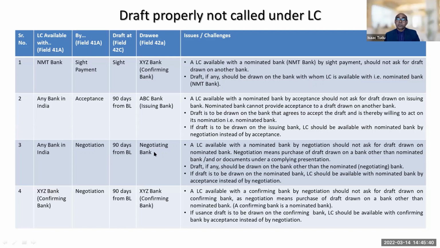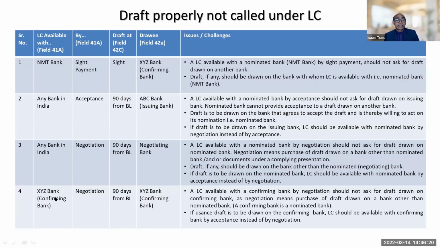Negotiation means purchase of a draft drawn on a bank other than the nominated bank. So the draft, if any, should be drawn on a bank other than the nominated bank. So if the draft is to be drawn on the nominated bank, the LC should be available with the nominated bank by acceptance instead of negotiation. So let us discuss the fourth scenario.